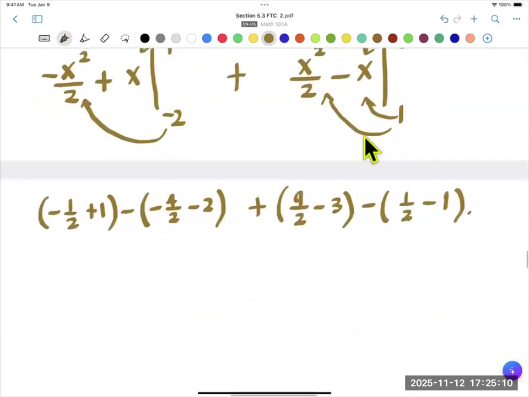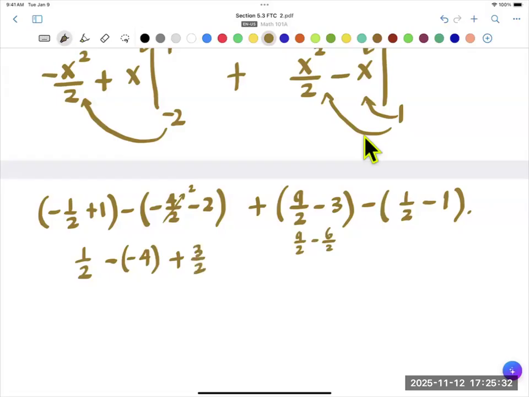Okay, and then we simplify. -1/2 plus 1 is 1/2, minus 4 divided by 2 is 2, so it's going to be -4. Then 9/2 minus 3 is 9/2 minus 6/2, so it's going to be 3/2. Then 1/2 minus 1 is -1/2, minus -1/2.